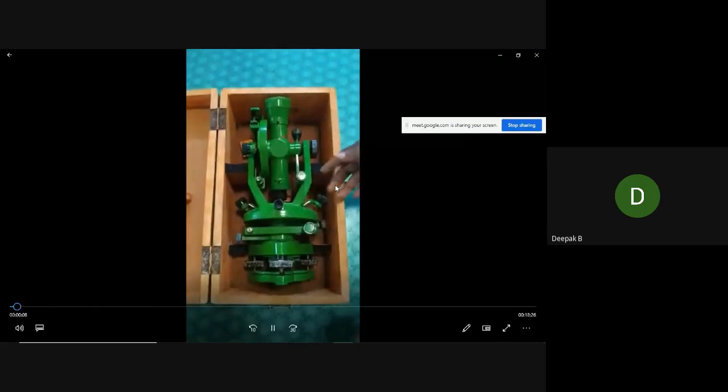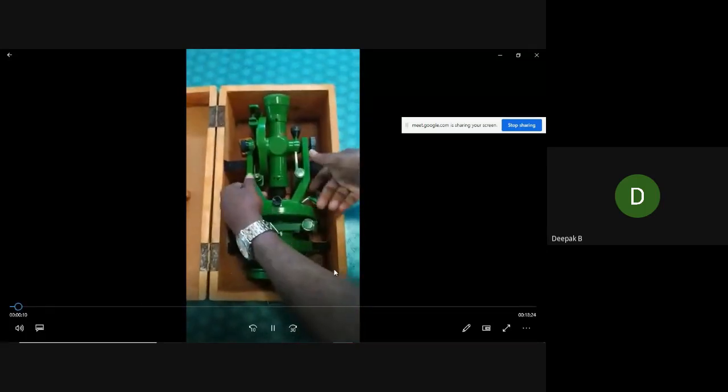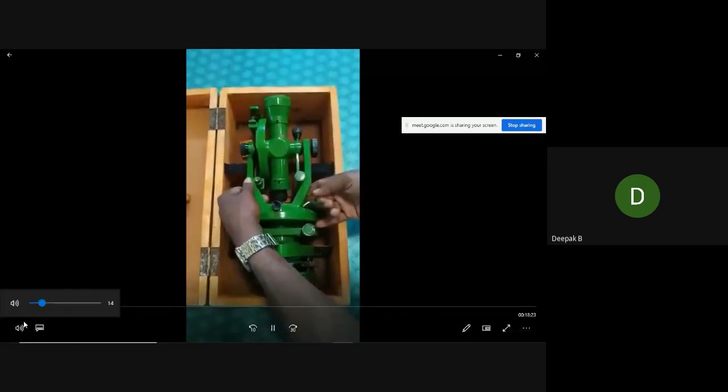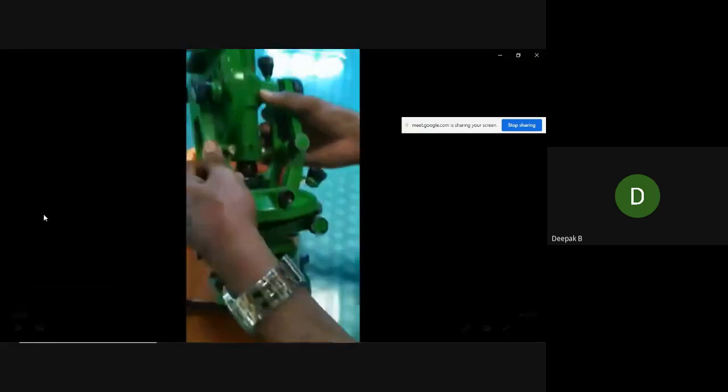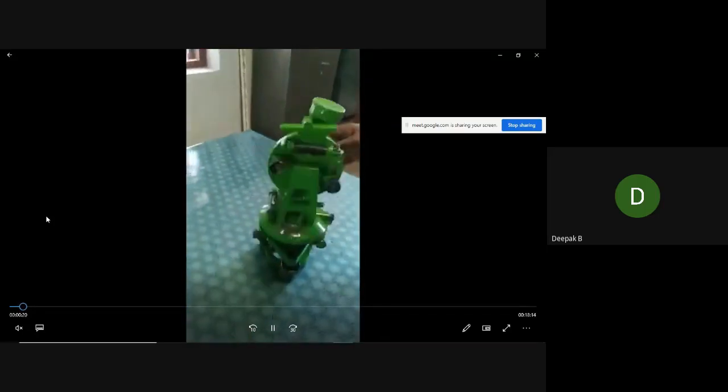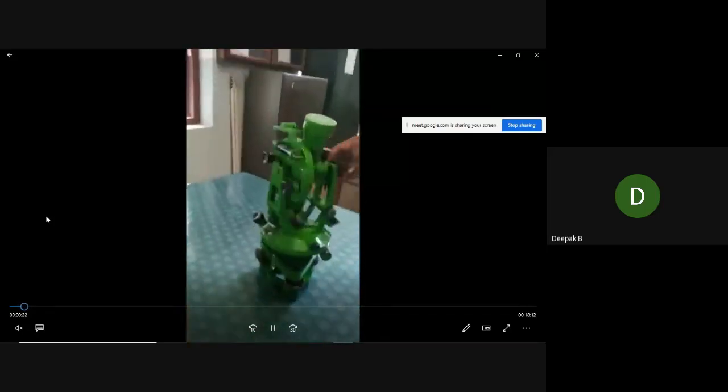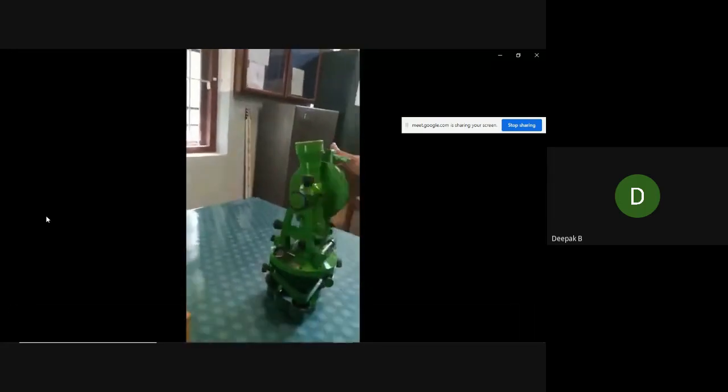So, this is our Theodolite instrument. It is mainly used to get horizontal angles as well as vertical angles. As you can see, it is free to rotate.